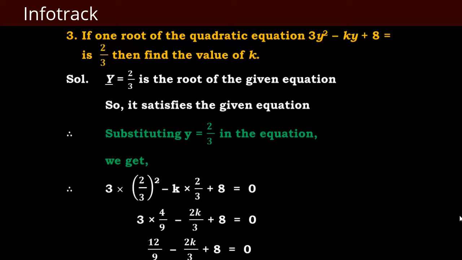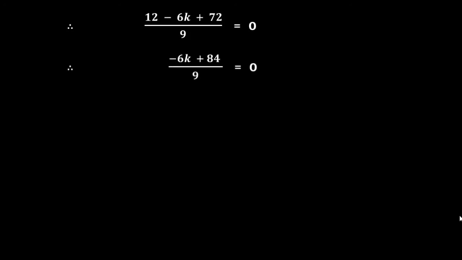Now first we will make the denominator the same. So we get denominator as 9 and in numerator we have 12 minus 6k plus 72 equals 0. By cross multiplication, 0 into 9 will become 0. So we have minus 6k, 72 plus 12 is 84.